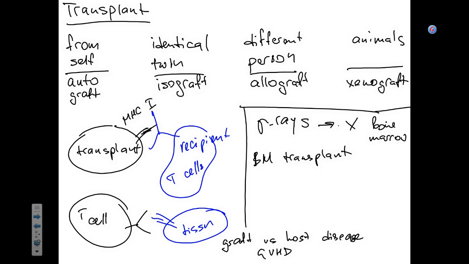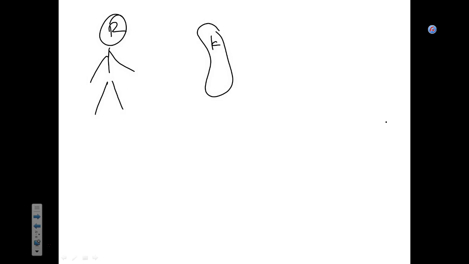Okay, so the virus resides in kidneys. Okay, when you transplant the kidneys, you transplant the virus, right? So there's a recipient, okay, and this is the kidney, and it has CMV in it, and it's latent.